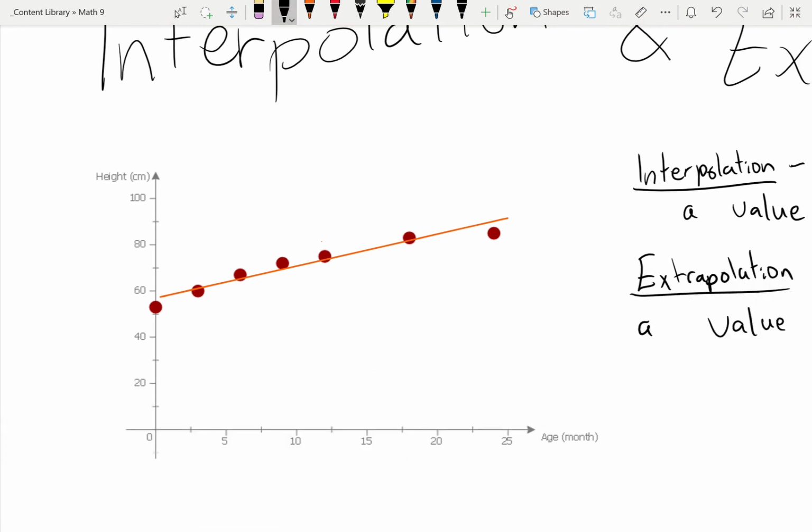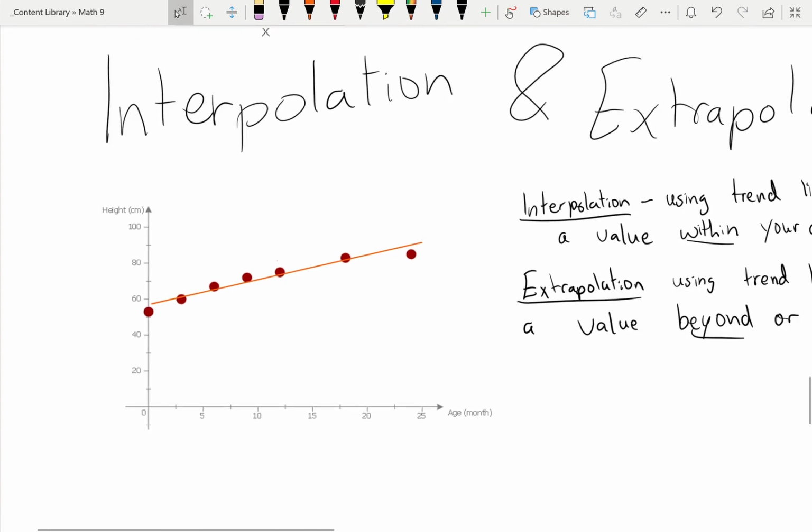So say this question asked me, or say they wanted to know the height at 15 months. And they'll probably say estimate. So what I want to do is I want to find 15 months here. I'm going to go up, and I'm going to go over and find the point where they cross.